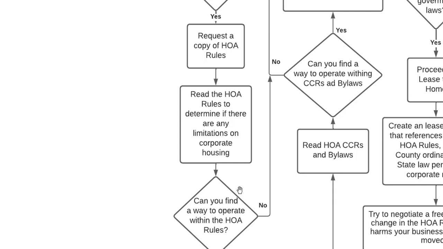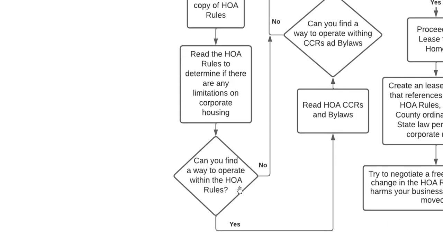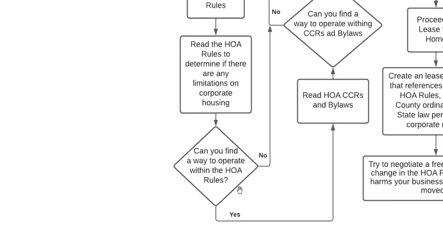You want to check. We do extended stays, which is 30 days and longer, and that's typically allowed by most homeowners associations. And from there, if you can find a way, that's this decision right here, to operate within the rules, if yes, then you go to this next part here, which is you want to ask for their CC&Rs and their bylaws.